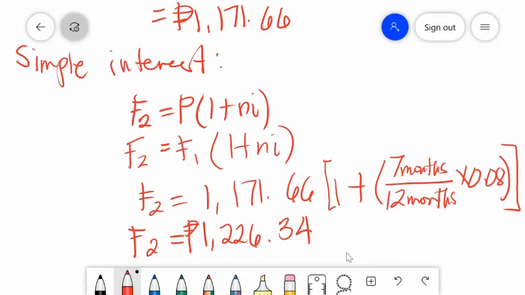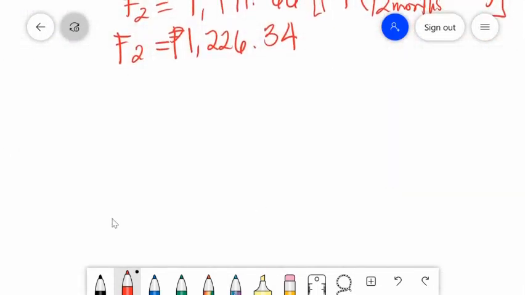So in summary, you invested 1,000 pesos.